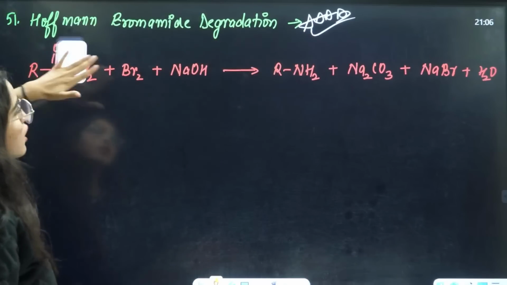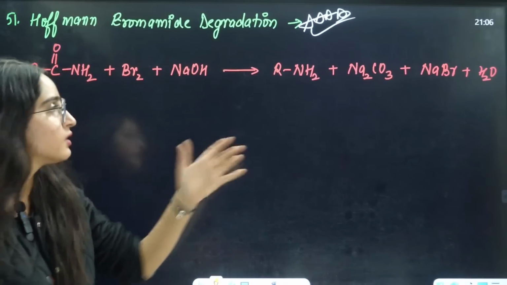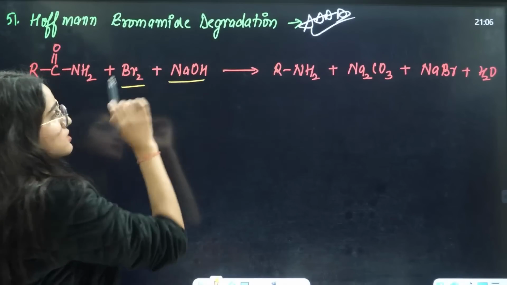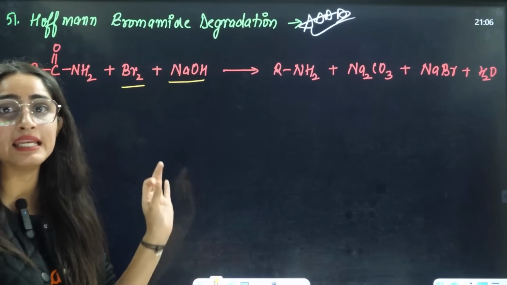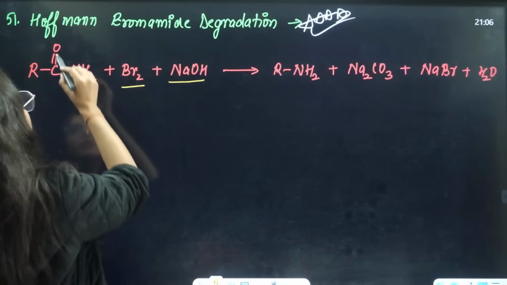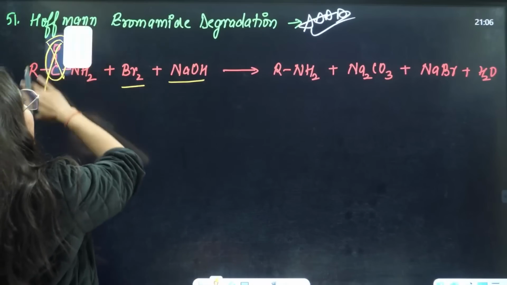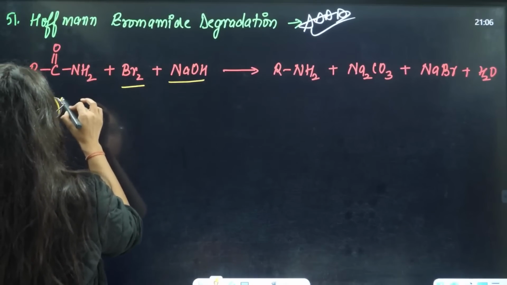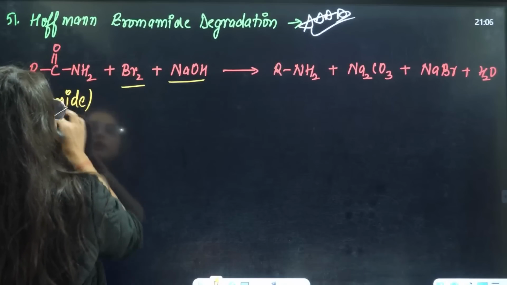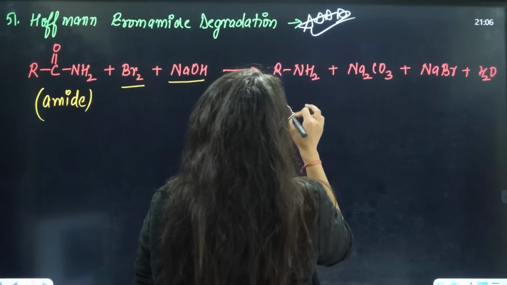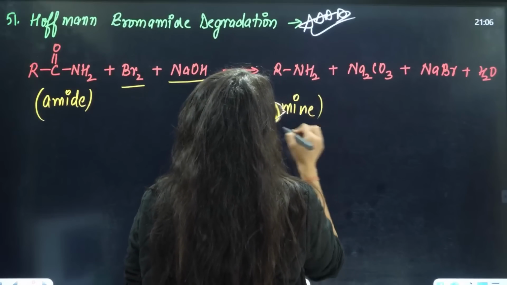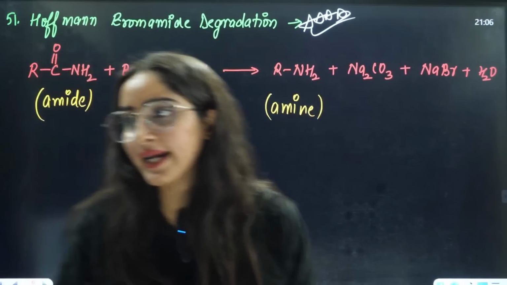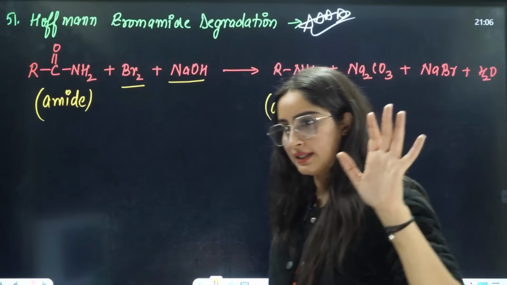What is the reagent? Br2 in presence of NaOH. That means amide is converted to amine, right?